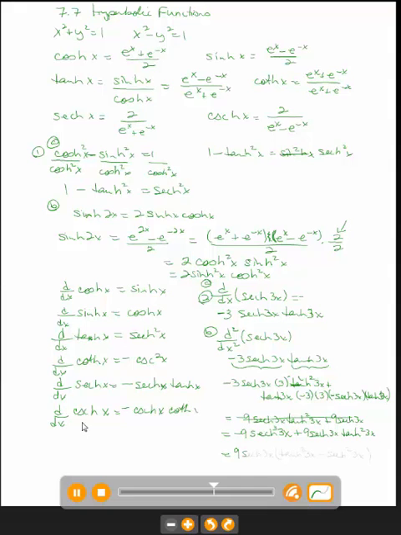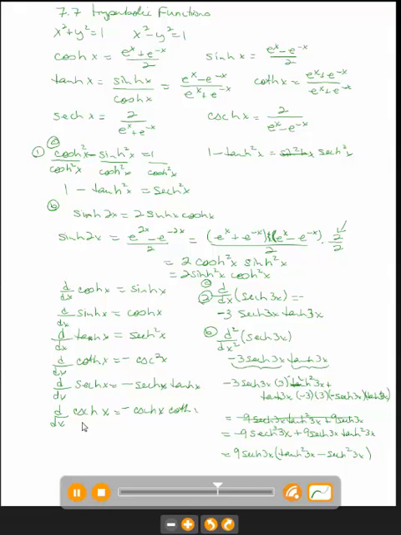I could also factor out a hyperbolic secant. And I'm going to turn it around, so I'm going to have the hyperbolic tangent squared, minus hyperbolic secant squared. And that one's done. I'll finish number 2 on the next page.